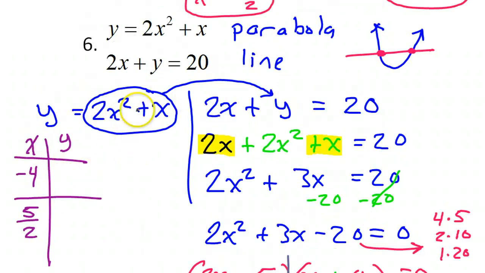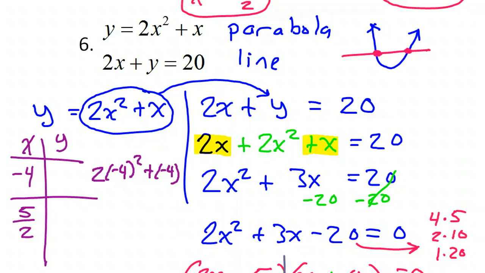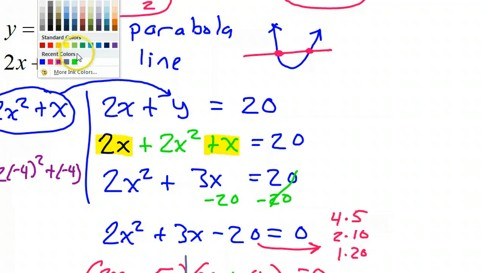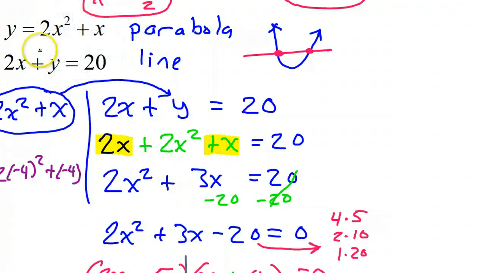To get these y values, you can use either one of the original equations. So I could do 2 times negative 4 squared plus negative 4. There's nothing wrong with that. Or I could use the second equation.